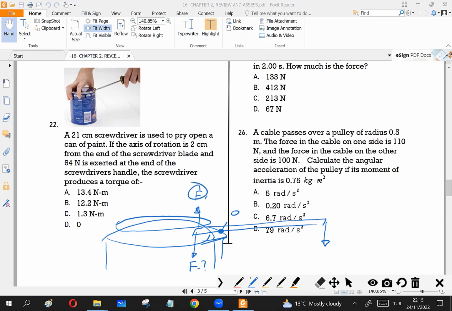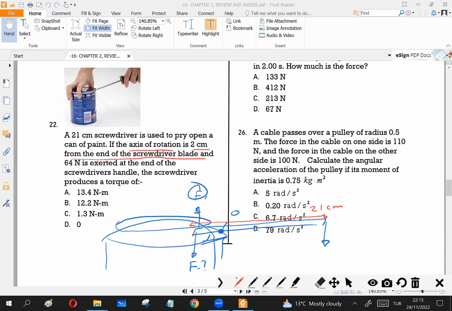So the question tells you that the screwdriver is 21 centimeters, and the total length is 21. Let me show it. From the blade until the hand that you hold, 21 centimeters. And the axis of rotation is 2 centimeters from the blade.